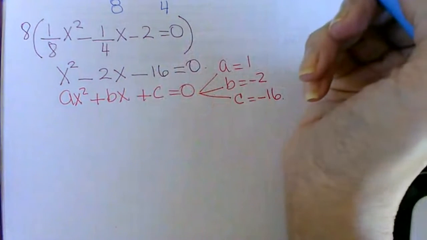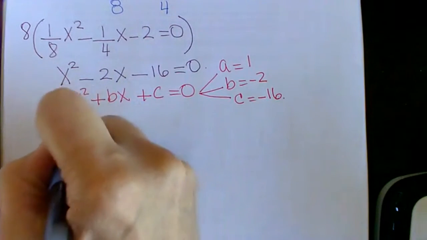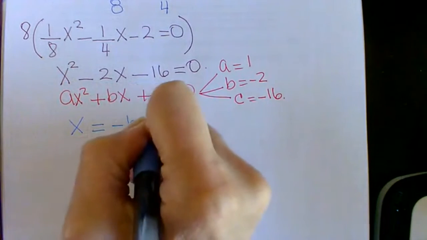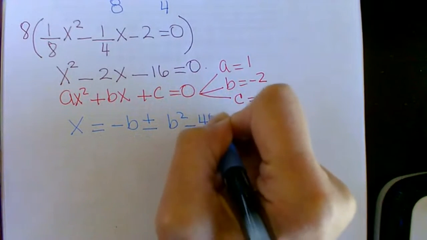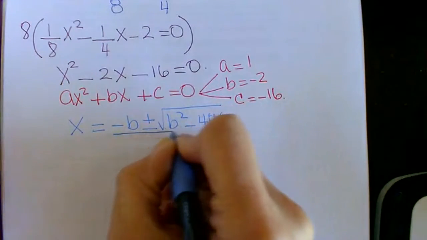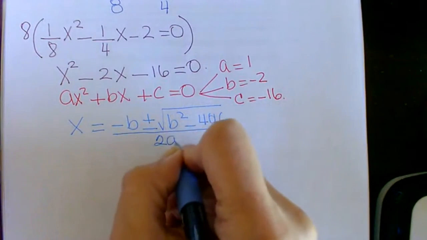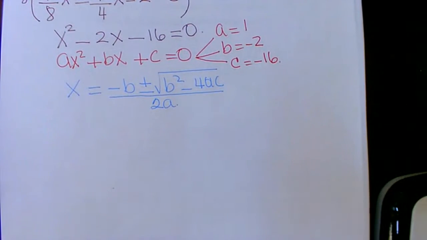Oh, down here. So I know it's going to be x equal to. So go ahead and apply the quadratic formula, guys. I'll give you a couple minutes to do that.